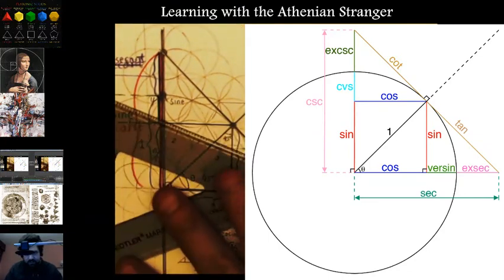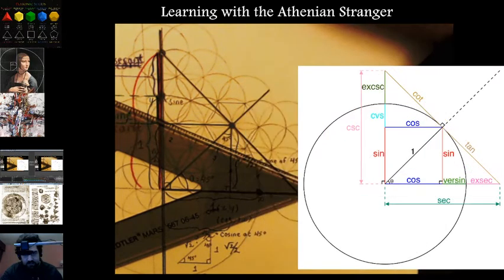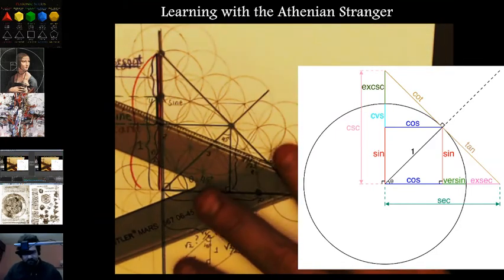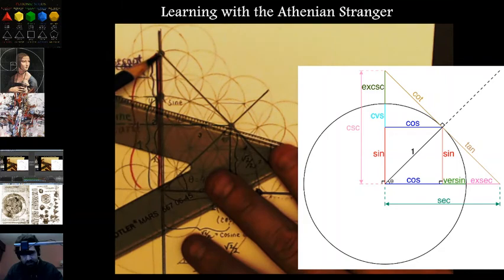This distance here, let me shrink this a bit. The distance from here to the y-axis is the cotangent.